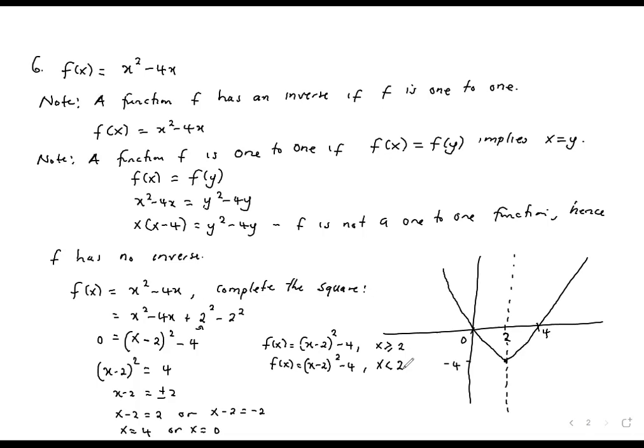Of course, you can't easily obtain that inverse, but you just say f will be invertible for this domain and also invertible for the other domain, because at this point we are saying y is equal to x minus 2 squared minus 4.